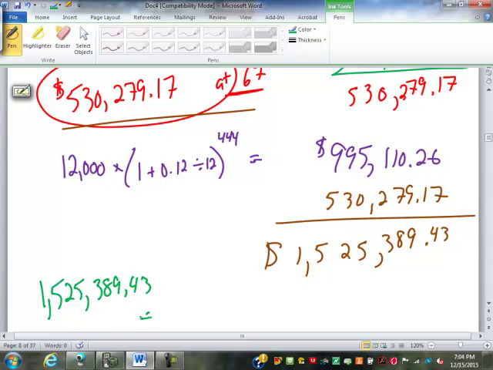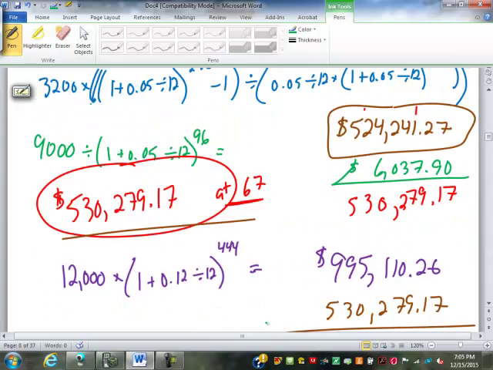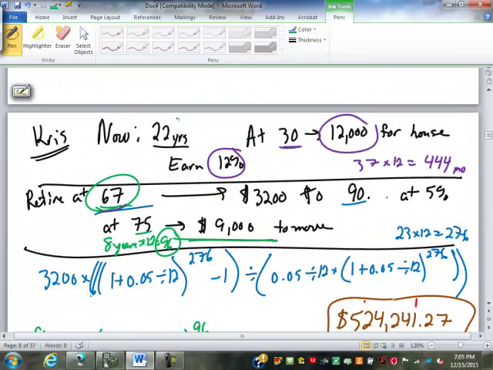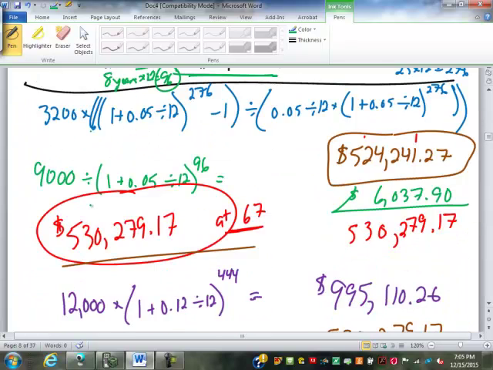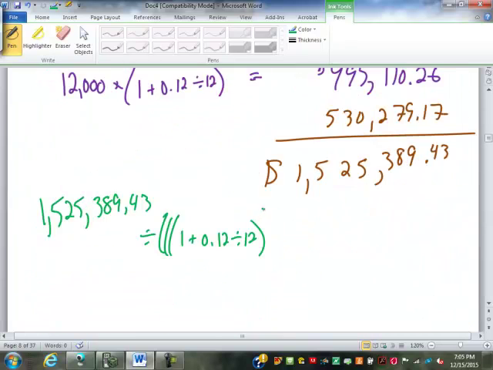And that is going to be divided by 1 plus 0.12 divided by 12 to the power of 22 to 67 is 45 years, which is what, 540 months? Minus 1, close, divided by 0.12 divided by 12, close and close.